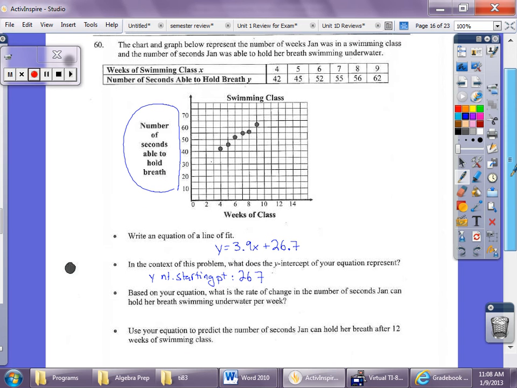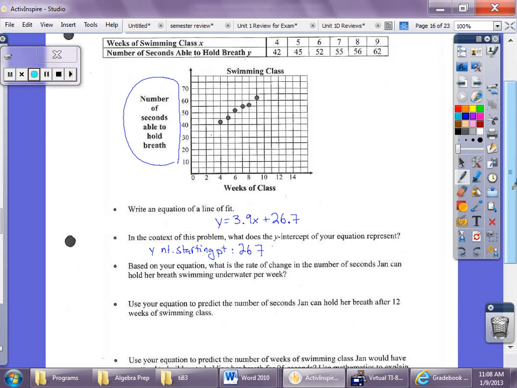This is Jan. So when Jan started, she could hold her breath for 26.7 seconds.